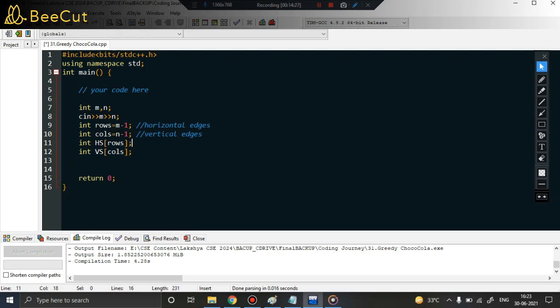So you can see the number of rows are stored in rows, and columns in cols variable. So I have to declare two arrays, HS and VS. So HS indicates horizontal slides. Okay, so please keep in mind, horizontal slide, and this is basically vertical slide. Fine, so that you will not have any issue in understanding.